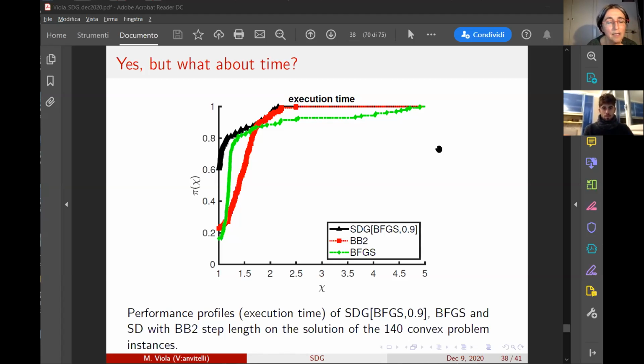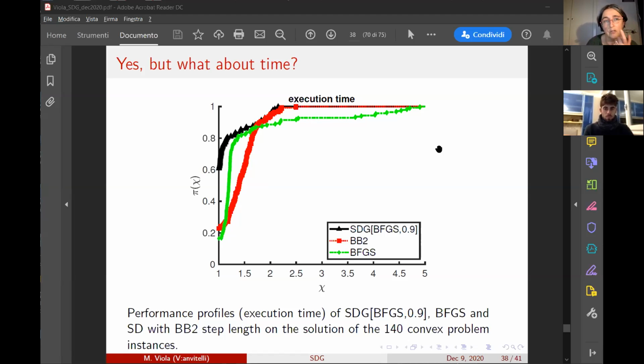Yes. So at the beginning, I give more freedom to the gradient, in that sense. So at the beginning, you are closer to the gradient direction. Yes. But at the end, it's less expensive, even if you have a second order method inside.